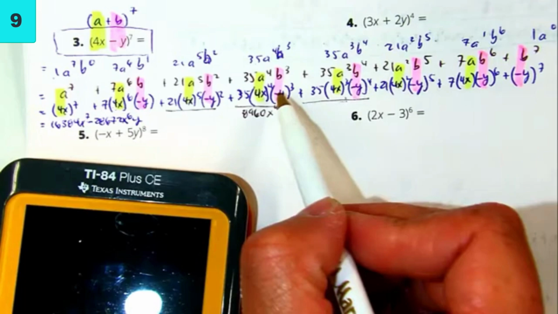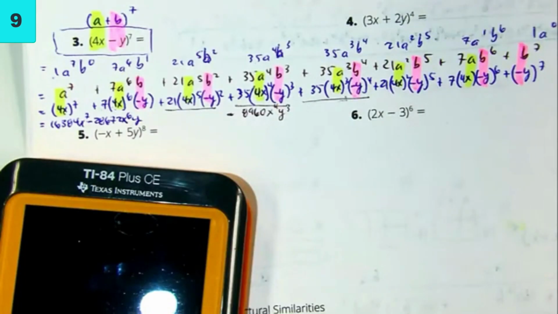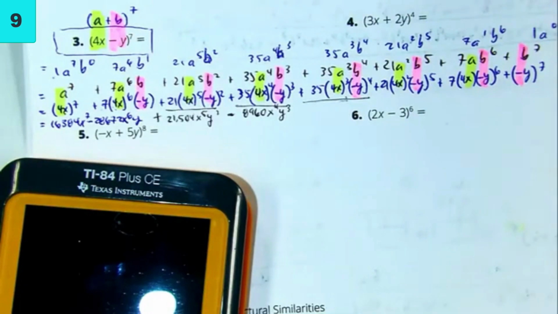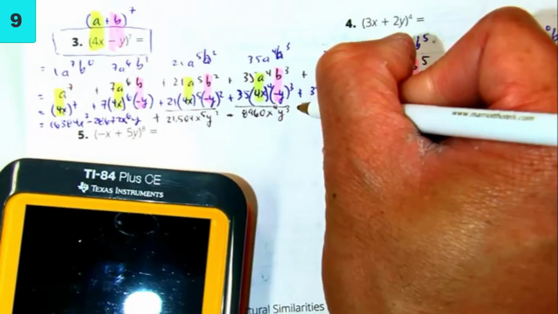Oscar, did you get yours? Yeah. Answer? 21,504 x to the 5th power 5. That's right. Positive or negative? Positive. Good. Angel C. Is that the fifth one?